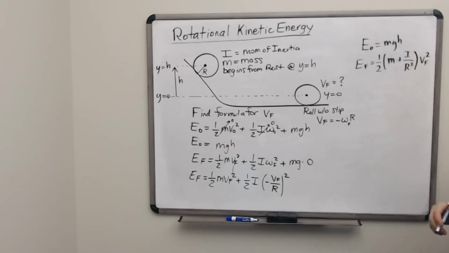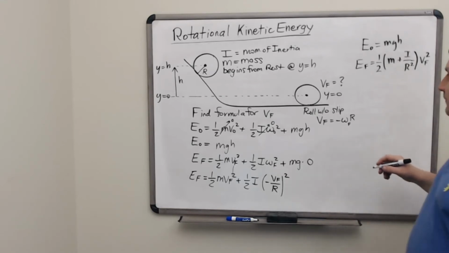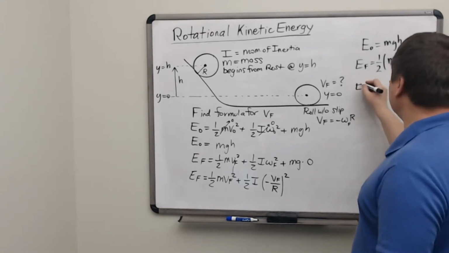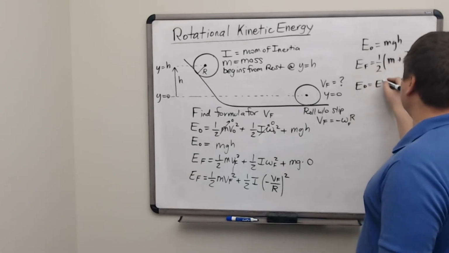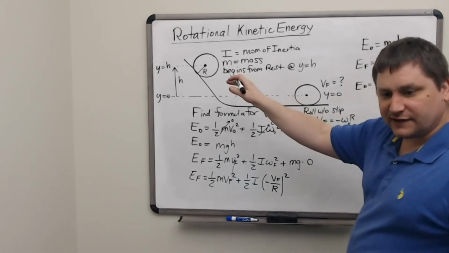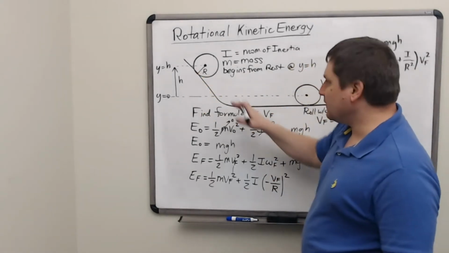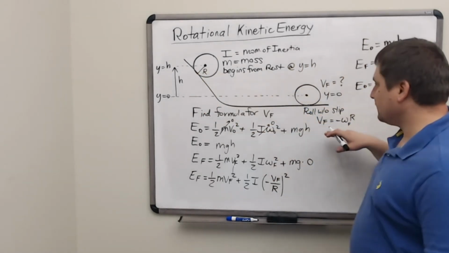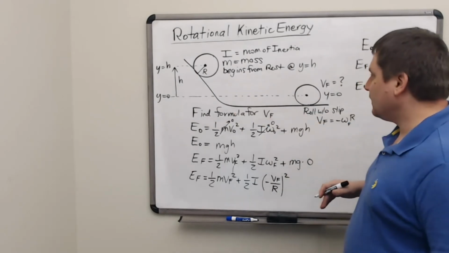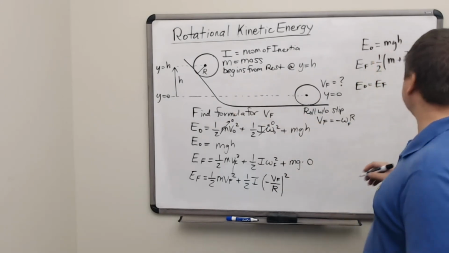These two energies should be equal due to conservation of energy. There's no friction in this situation, even if the surface has a static friction, because when something rolls without slipping, there's no way for that frictional force to do any work.